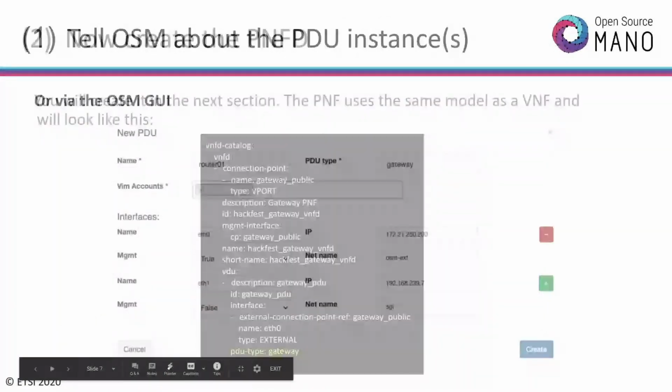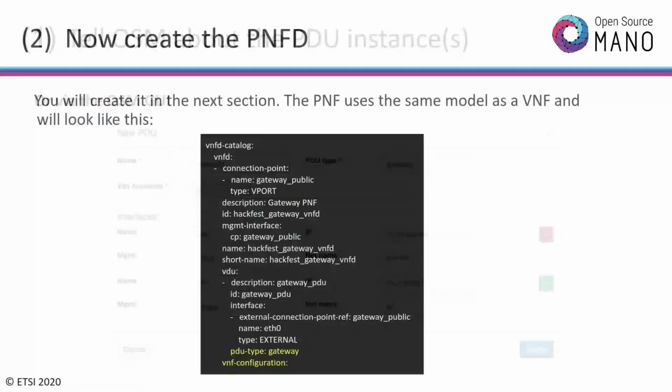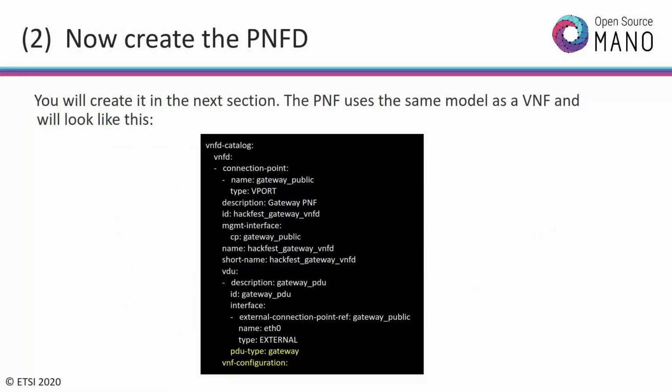Okay, and that's it. Create a PDU. That's the only thing that we're doing in this session. Then you will have the opportunity, in the next session, to create your new PNF.